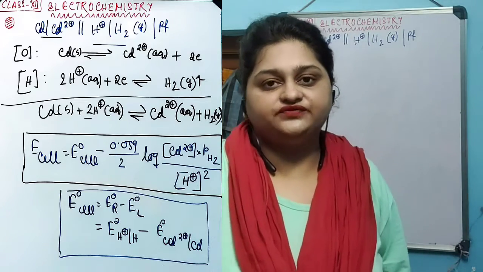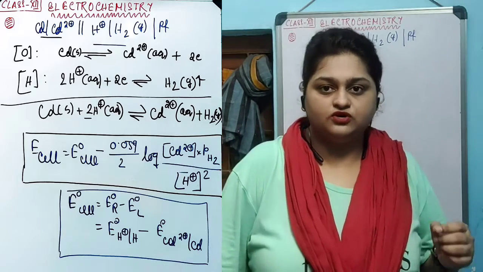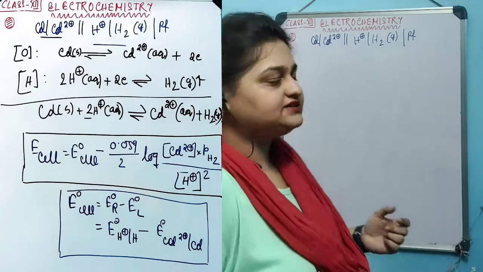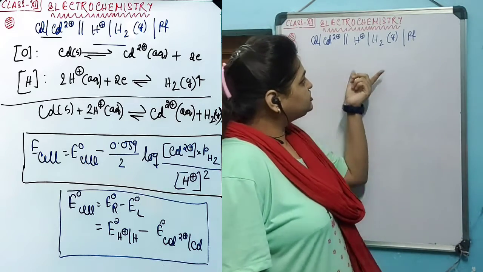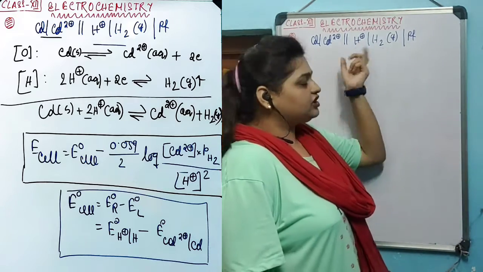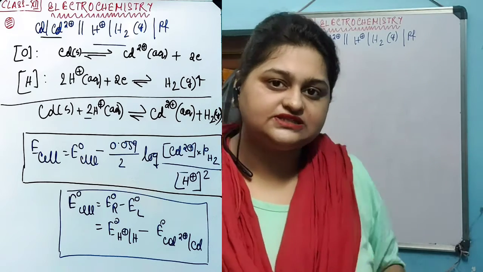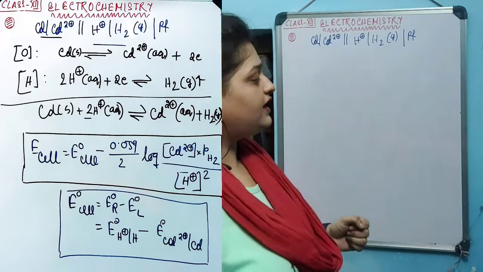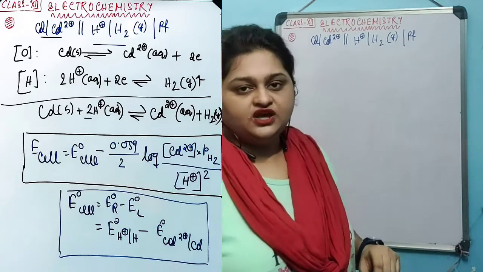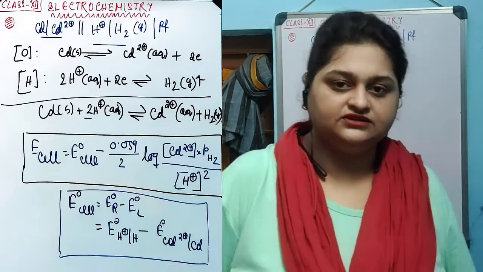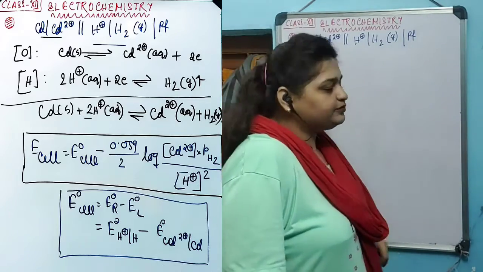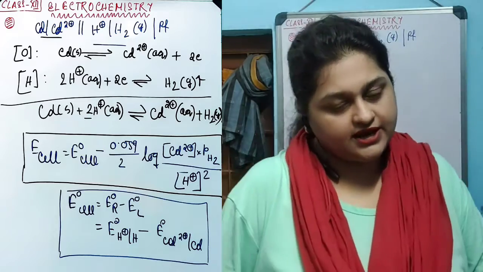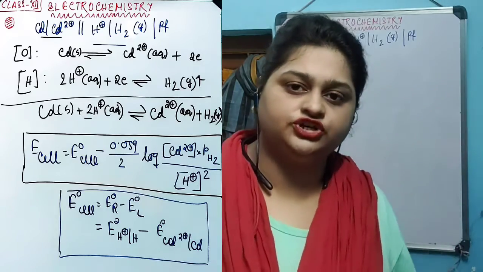An electrode is taken, in most cases, in the form of a solid material. As both species in the reaction couple are not in the solid state, an external inert material has been taken as an electrode, which is platinum. Platinum, in this right hand side half cell reaction, is used merely as an external inert electrode. It is not taking part in the reaction of this half cell.